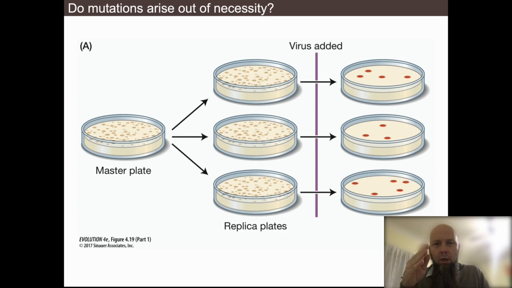Because remember, each replica plate has an identical colony in the same place that is derived from an identical individual colony on the master plate.